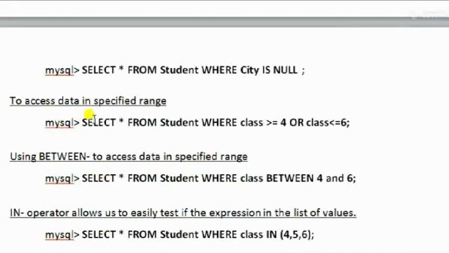Now specific range of data: select all from student where class is equal to 4 or class is less than or equal to 6.